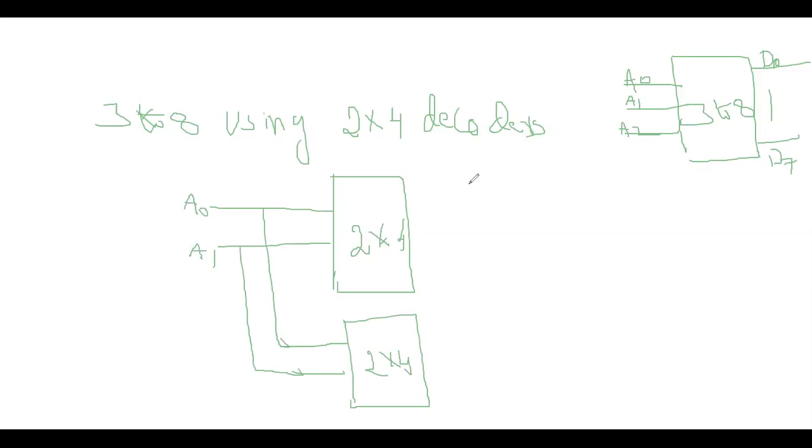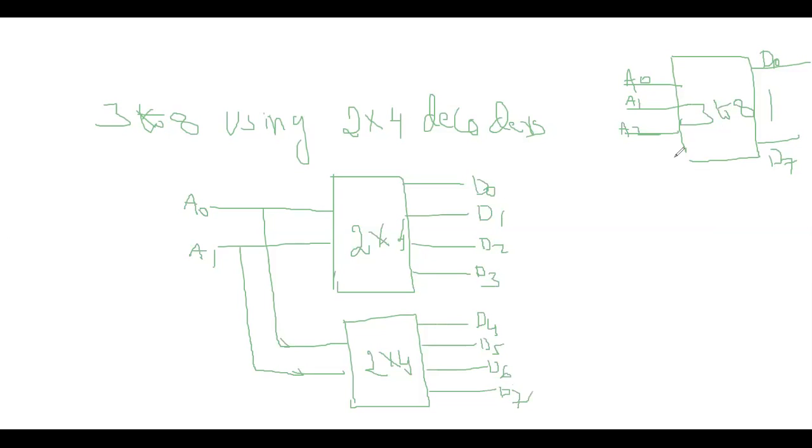We get 4 outputs here, D0, D1, D2 and D3, and here also 4 outputs, which I name D4, D5, D6 and D7. So in total you get 8 outputs.